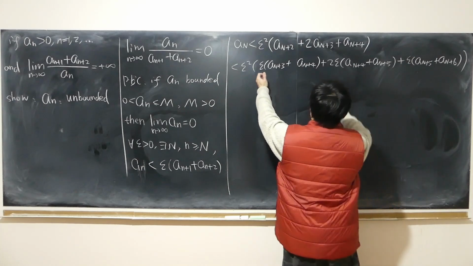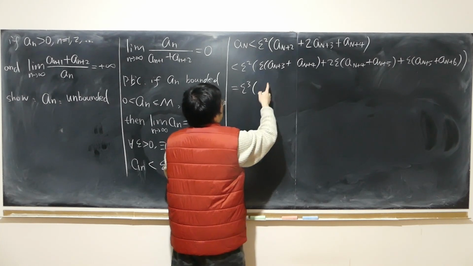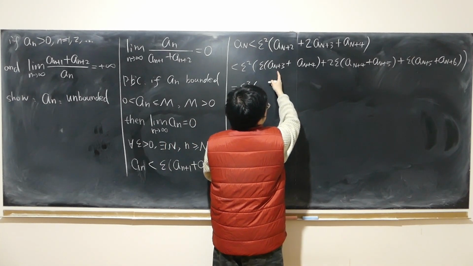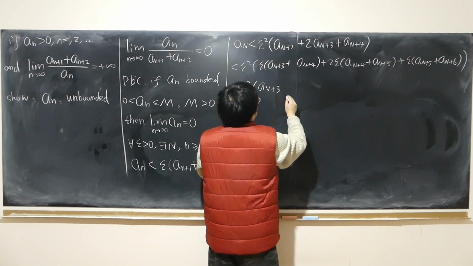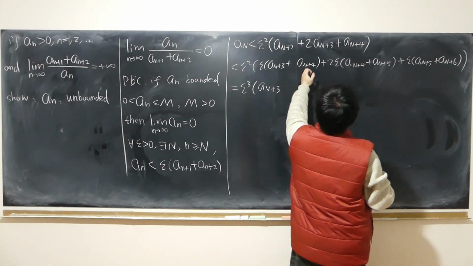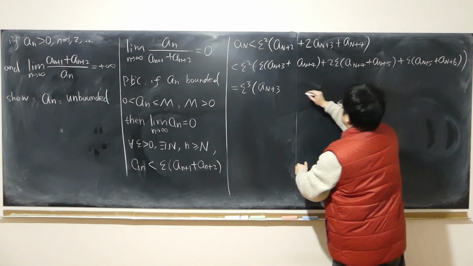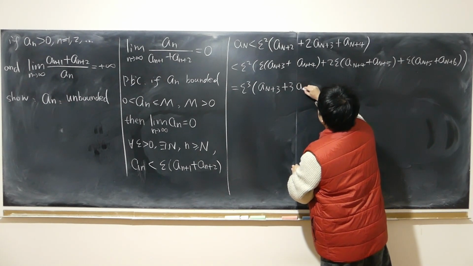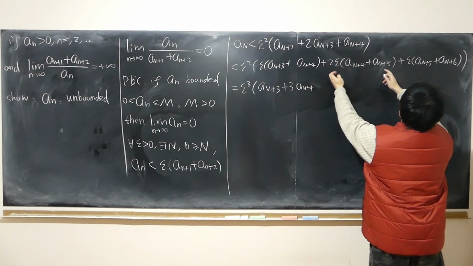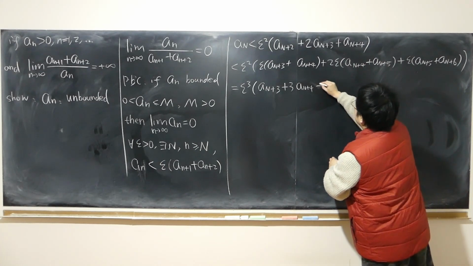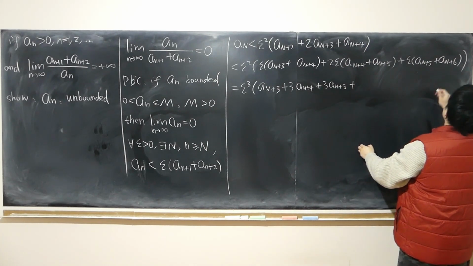Again, we extract epsilon: epsilon to the power of 3 times a_{N+3}, just 1, plus a_{N+4}, 1 of them, 2 of it, 3 of that, so 3 a_{N+4}, plus a_{N+5}, how many? 3, so 3 a_{N+5}, plus a_{N+6}, just 1.